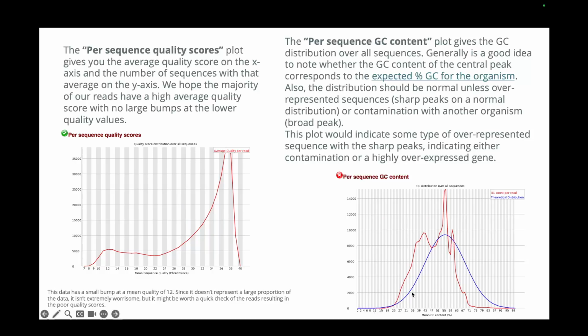This is a normal distribution, as you can see, a Gaussian distribution. This is how it should theoretically be, but in your real life data, the red line, you can see the GC content is quite spread over, which can tell you that there might be a contamination with another organism. This is possible. This plot would also indicate some type of overrepresented sequences with sharp peaks, indicating either contamination or a highly overexpressed gene.